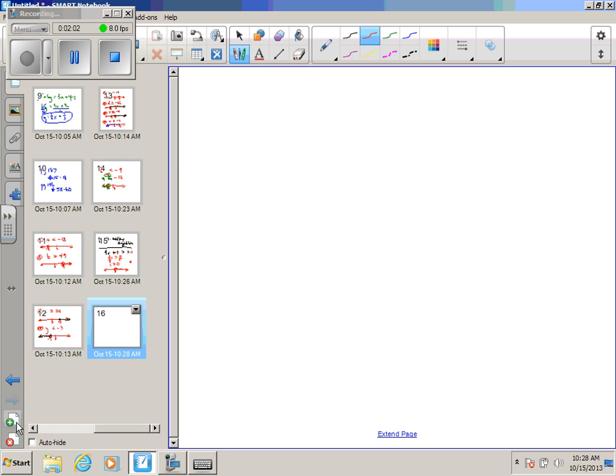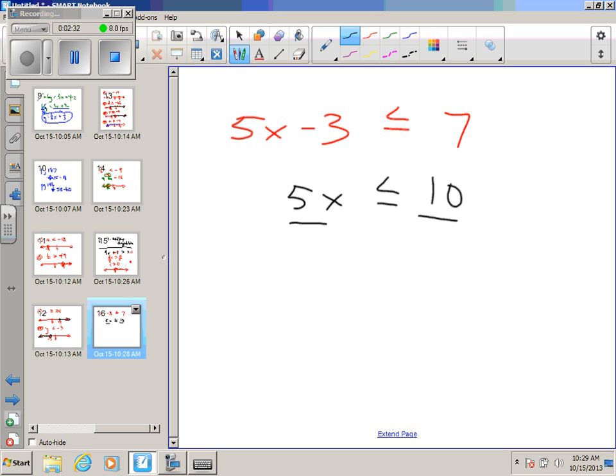Let's try another. 5x minus 3 less than or equal to 7. First thing is to add 3 to both sides. 5x is now less than or equal to 10. Divide both sides by 5.